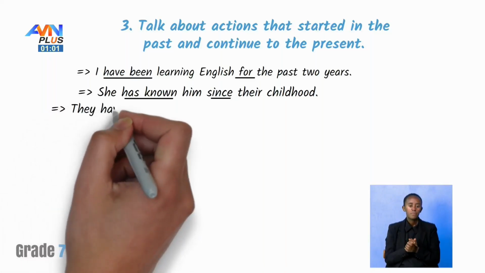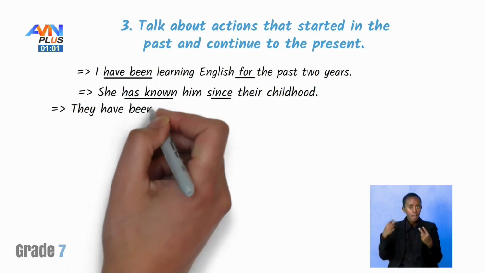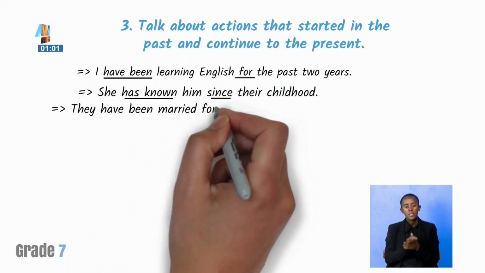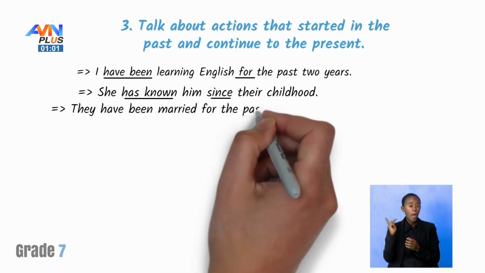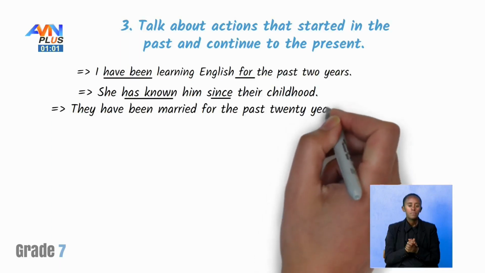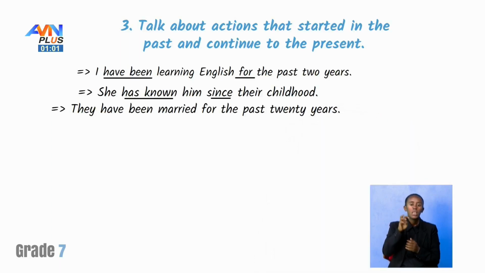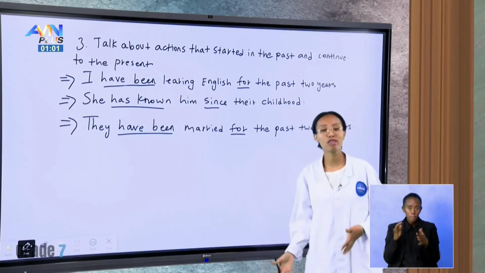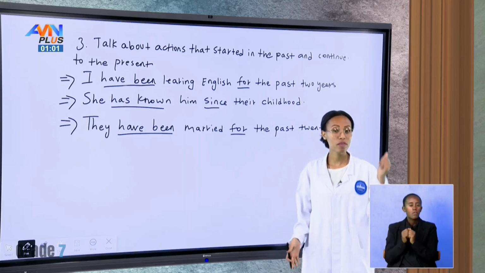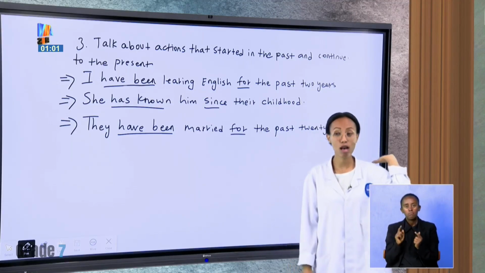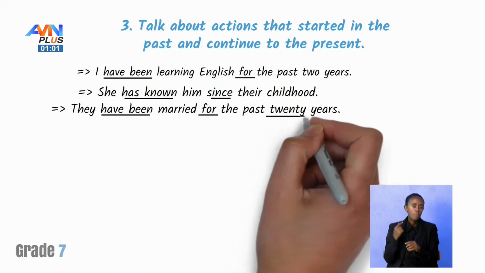They have been married for the past 20 years. Again, if you see here, they have been married and living together for a long time. They got married 20 years ago, but still they are together.